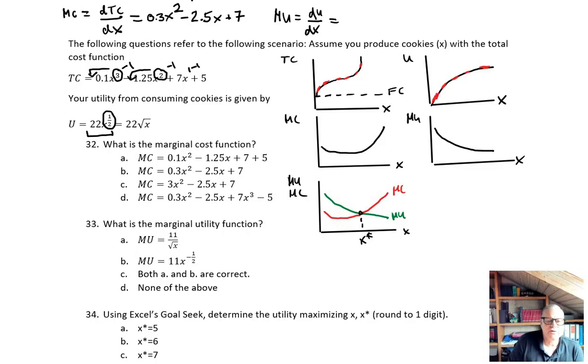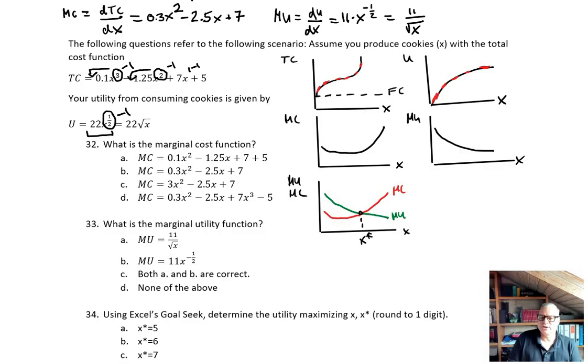Okay, so the 1/2 goes in front, so we now have 1/2 times 22, that's 11, times x, and then we have to subtract the 1, so we get x raised to the negative 1/2, and that can be written as 11 over the square root of x.